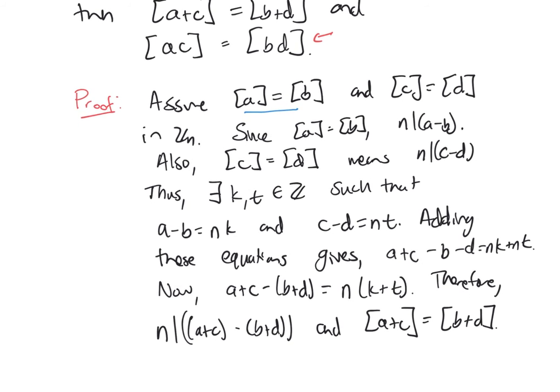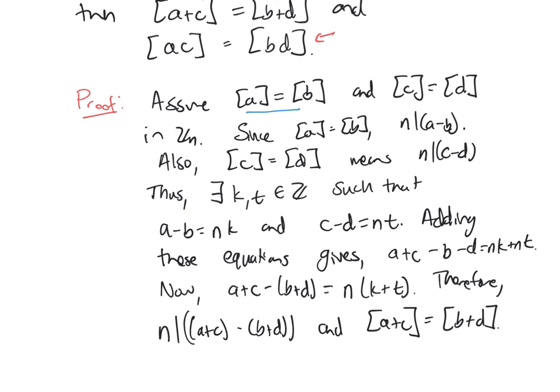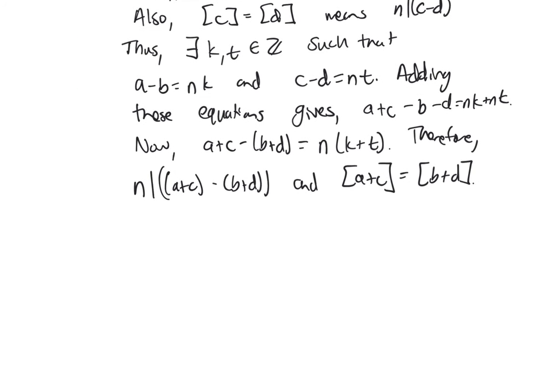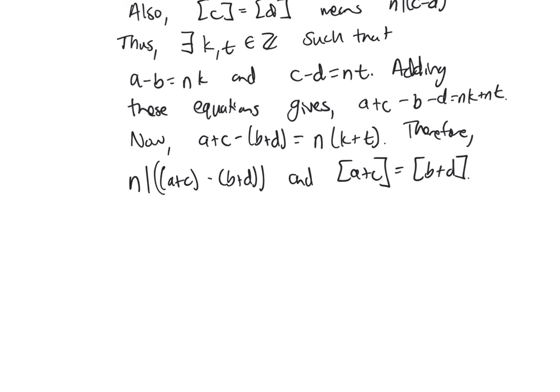If these equivalence classes are equal, that means I need n to divide AC minus BD. This is what we need to get to. So we need to start with AC minus BD.